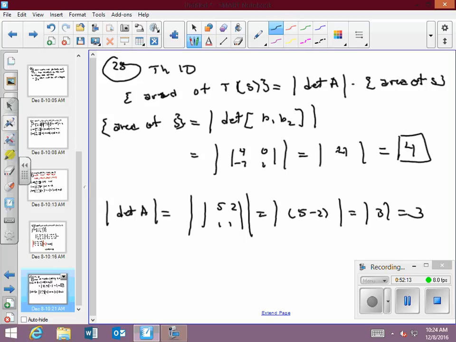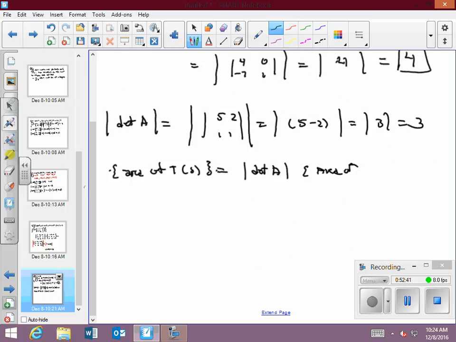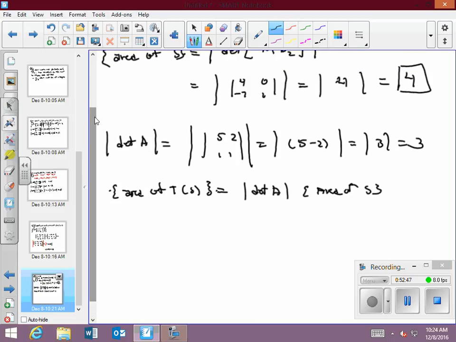And then if I substitute, the area of the transformation of S equals the absolute value of the determinant of A times the area of S. And the absolute value of the determinant of A was this thing, 3.